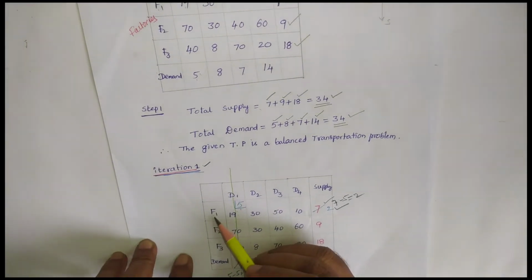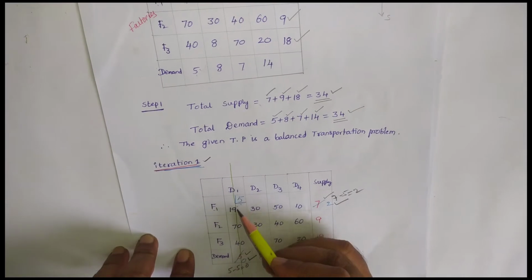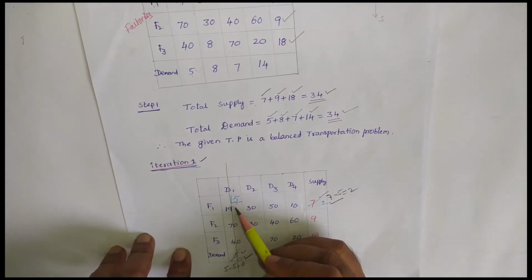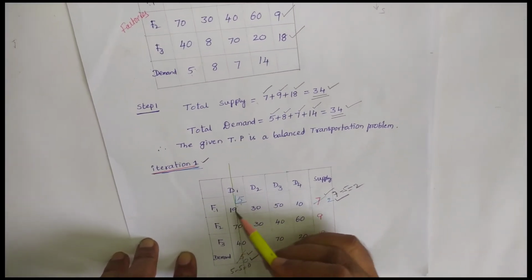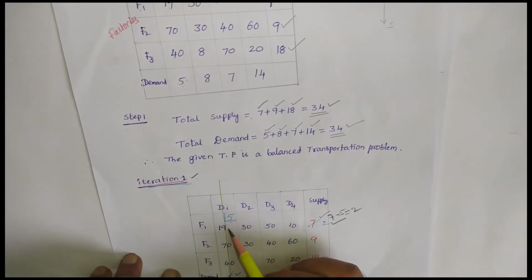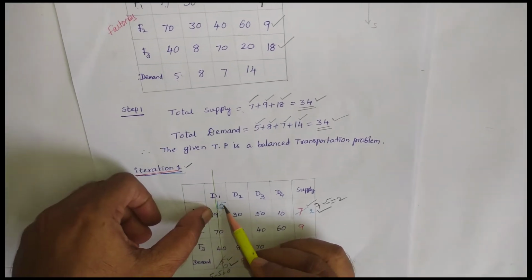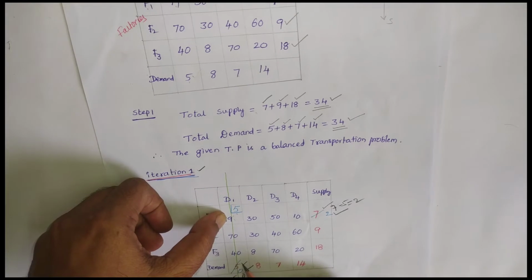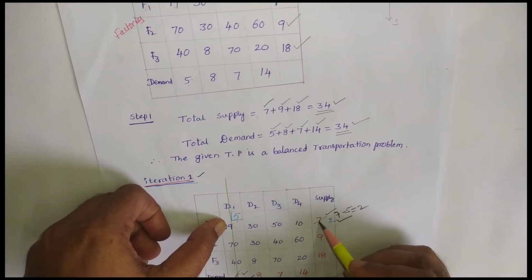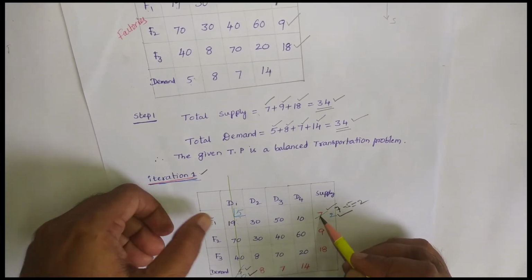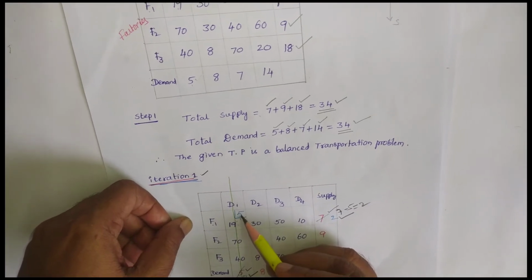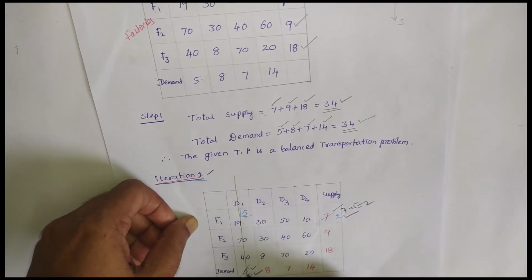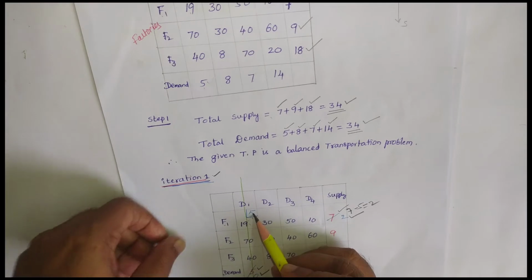Once again, this is the F1 D1 cell. For this cell, demand is 5 units and supply is 7 units, so we allocate 5 units to this cell.